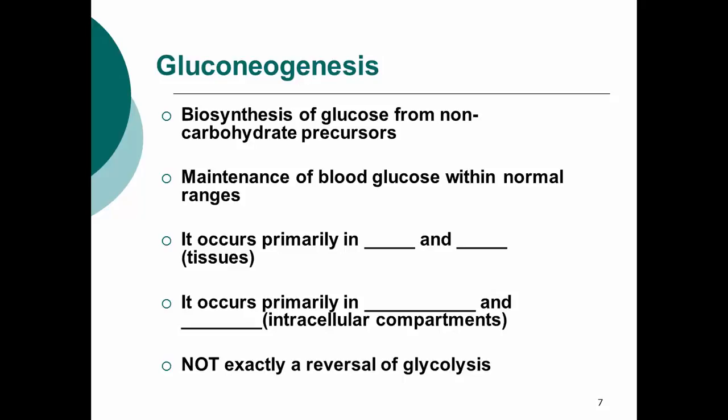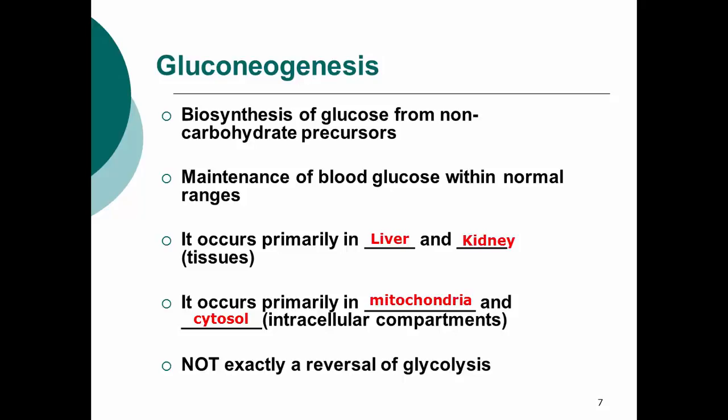And the liver is the main tissue, right? Liver and kidney are the main tissues that are able to do gluconeogenesis during fasting.